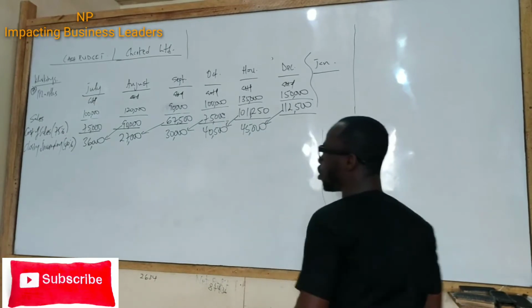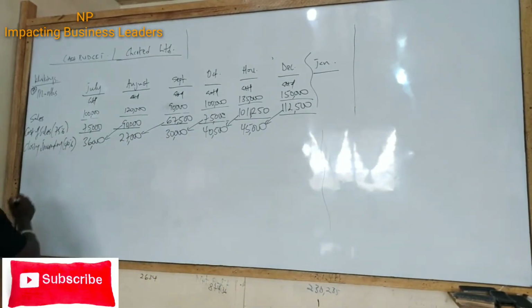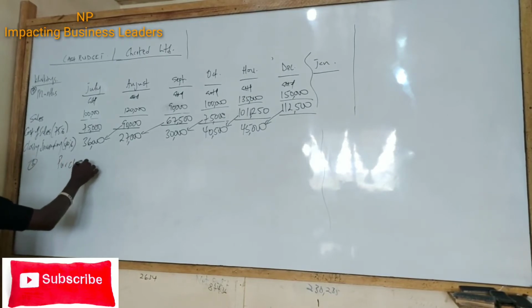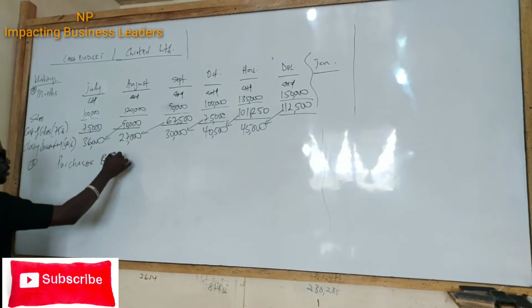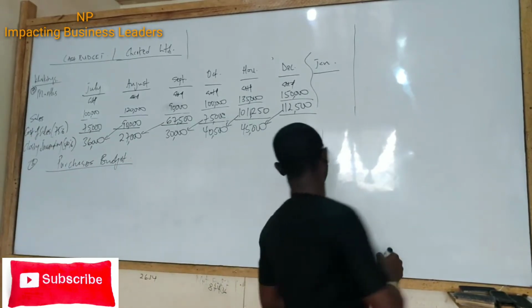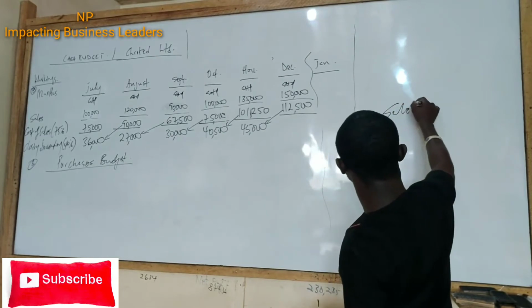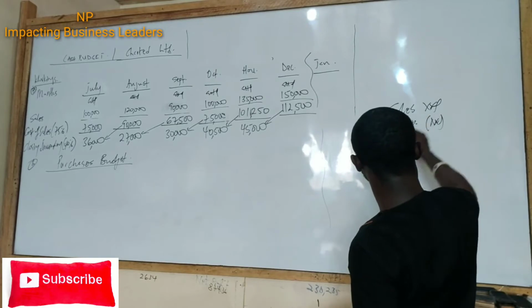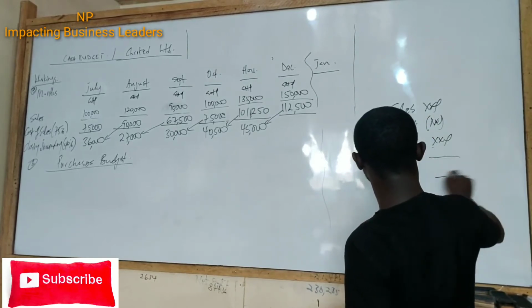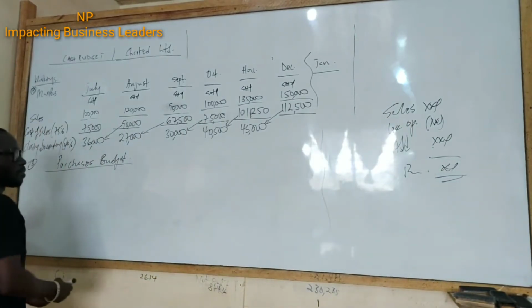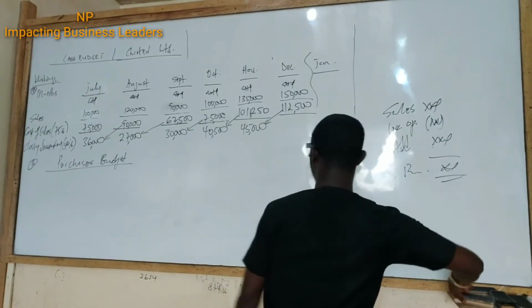What do we need the closing stock for? To help us get the opening stock. And why do we need that? So that we can calculate our purchases budget. Because purchases is the cost of sales, less the opening stock, plus your closing stock, and that gives you your purchases. And this purchases needs a value, right? It needs value.